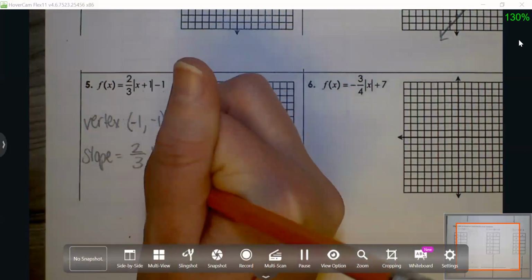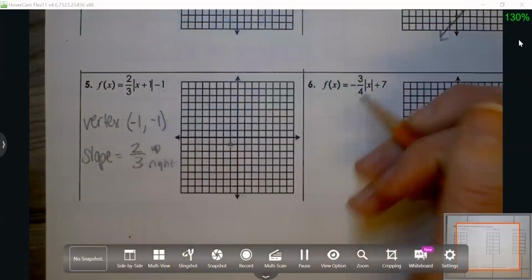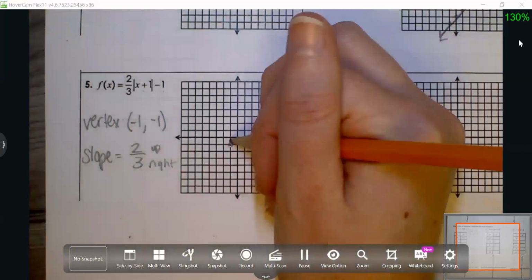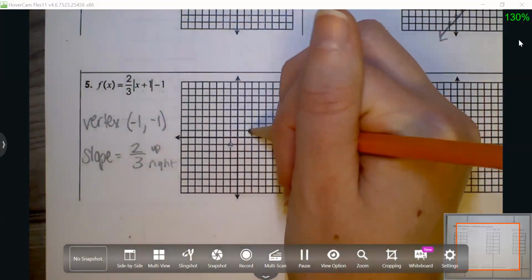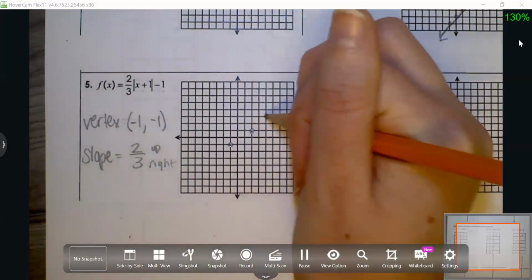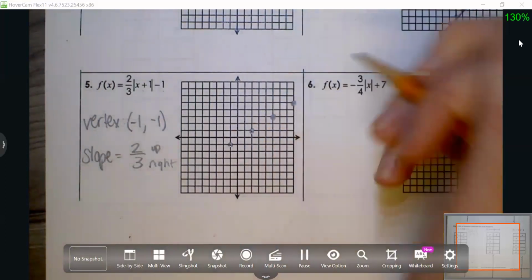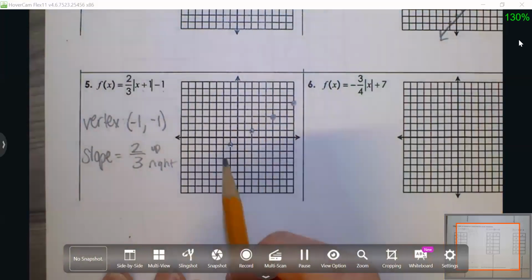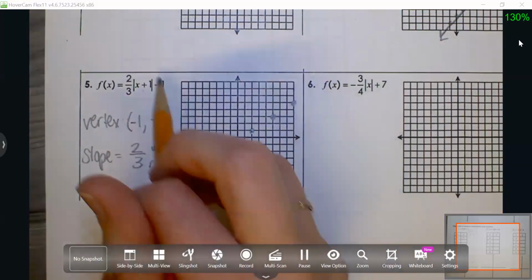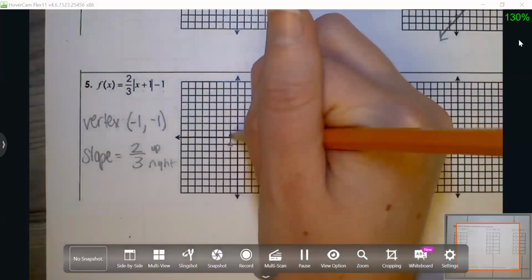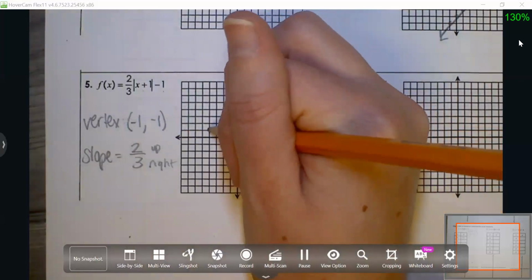So I'm going up and to the right to start off with. Up 2 to the right 3. Up 2 to the right 3. I'm going to do the same direction, but I'm going to go up and to the left now. Up 2 and to the left 3.